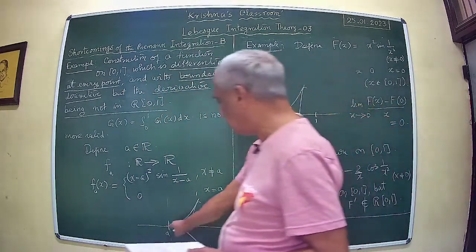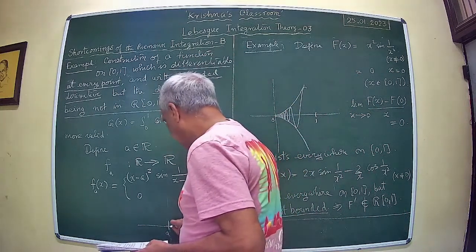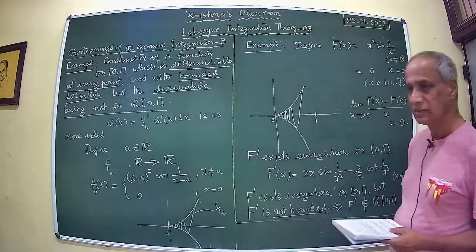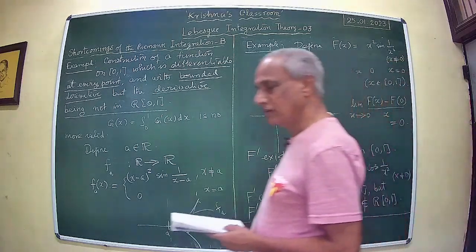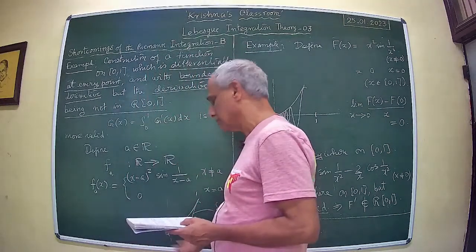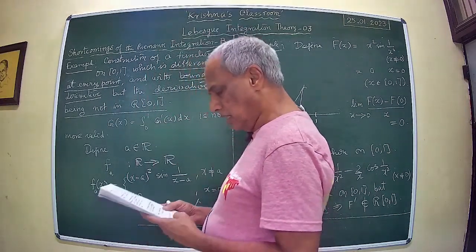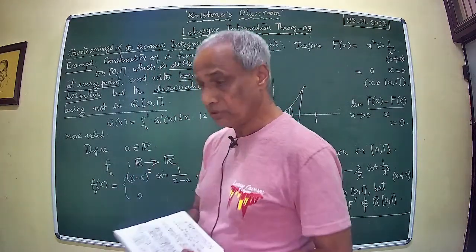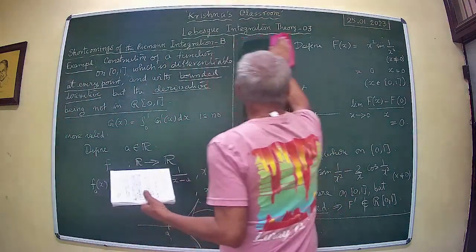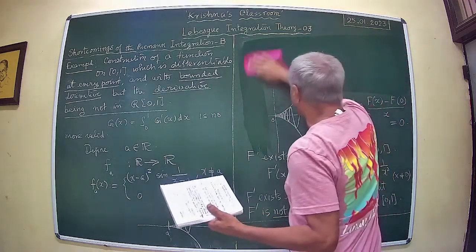Now you see the oscillation becomes rapid here, and the zeros of this function start appearing more frequently as it gets closer and closer. Now you see that it's quite easy to see that this function is differentiable everywhere, and you can even compute the derivative.